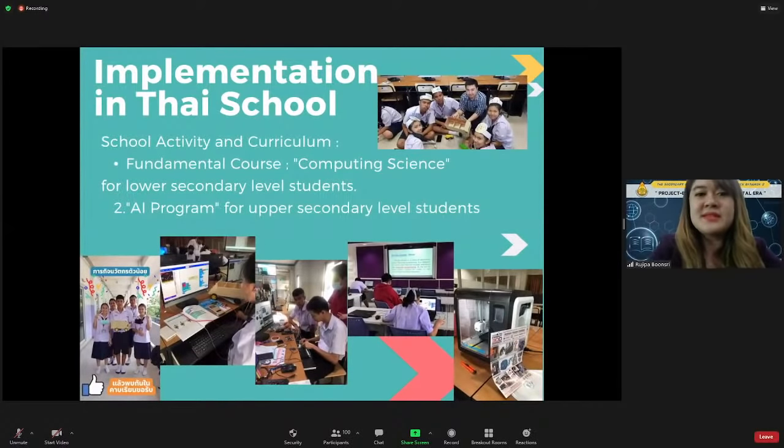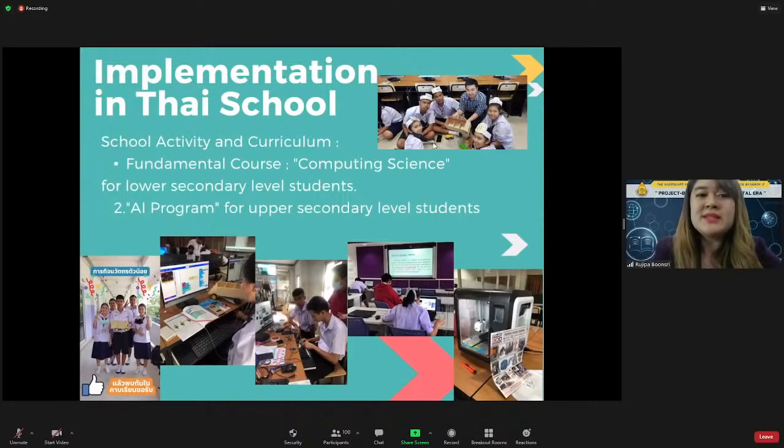Having seen the success of project-based learning from Korea, as the head of policy and planning department, I presented the outcome to the principal and all the teachers in our school to have a school project about IoT and robots. With the collaboration of computer teachers, we apply this idea to our Thai school.